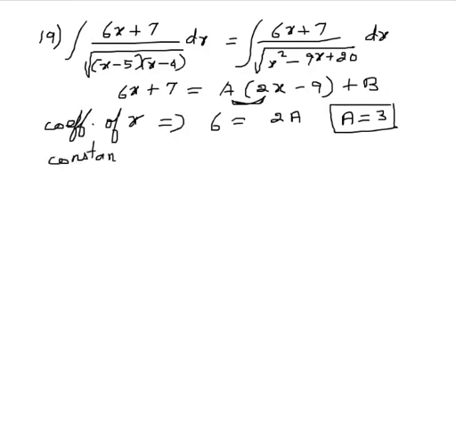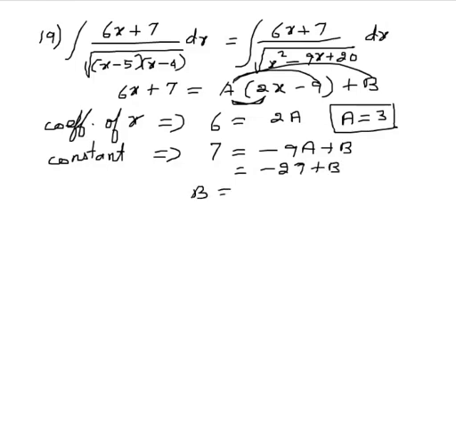Now let us equate the constant terms. Constant term on the left hand side is 7 and on the right hand side we have two constant terms, minus 9a and plus b. Put the value of a and find b value. Minus 27 plus b, therefore b is 34.